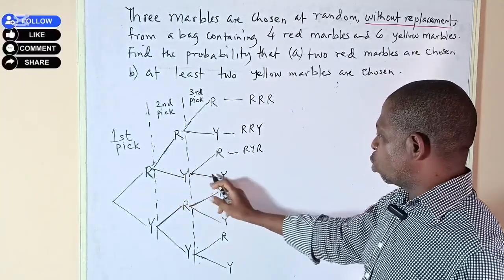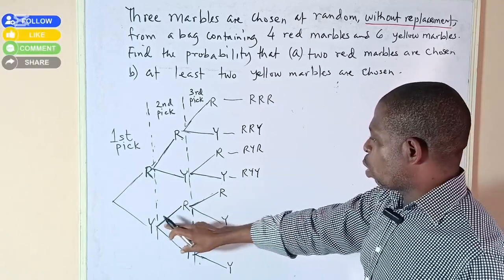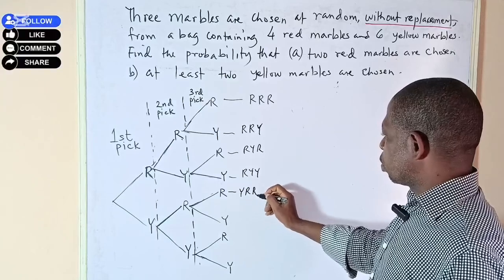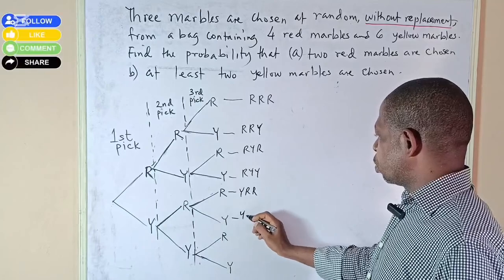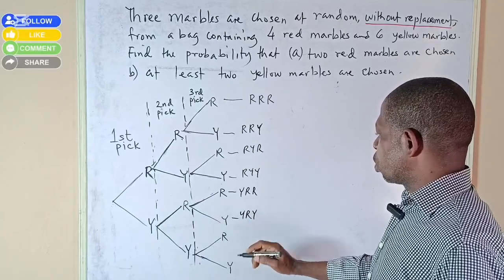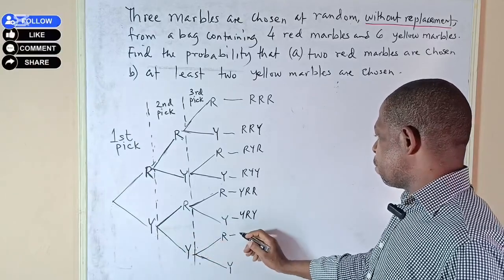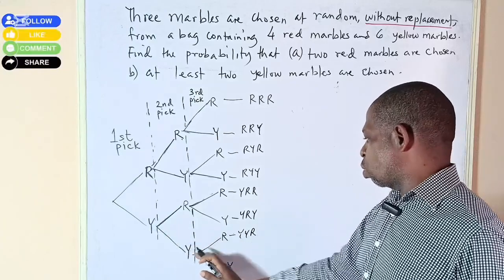Here we have red, yellow, yellow. Here we have yellow, red, red. Here we have yellow, red, yellow. Here we have yellow, yellow, red. And here we have yellow, yellow, yellow.